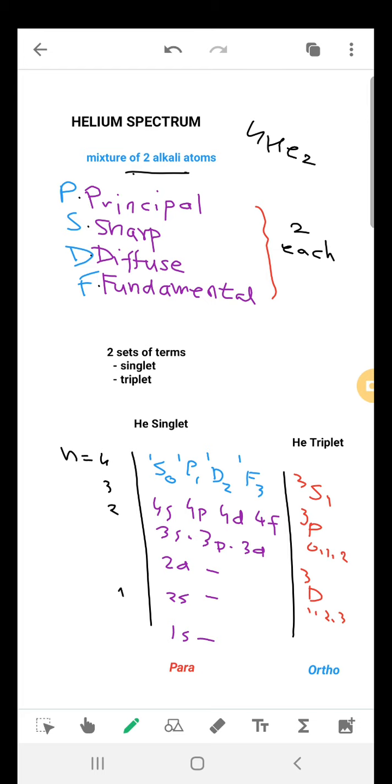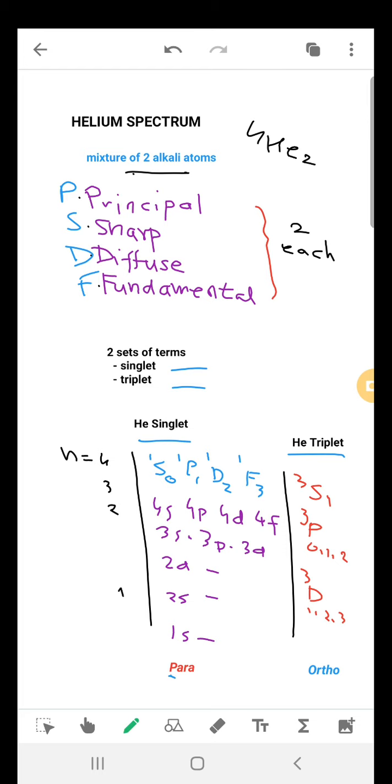For the terms that we obtain, we get two kinds: one is singlet and one is triplet. We get the helium singlet state and the helium triplet state, and they are called para and ortho.